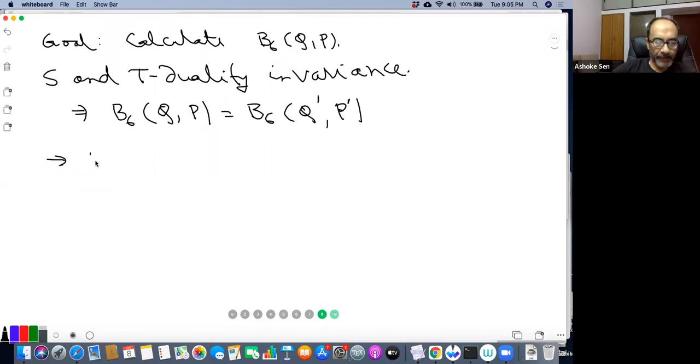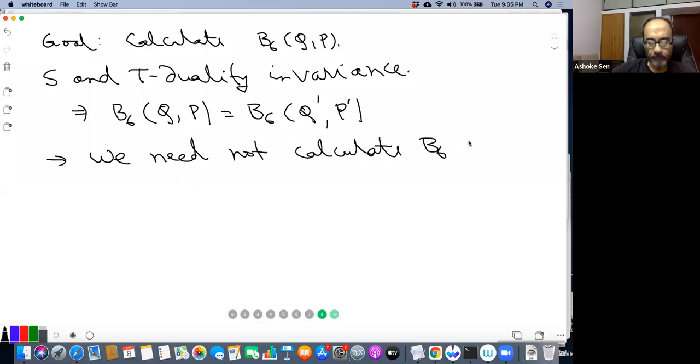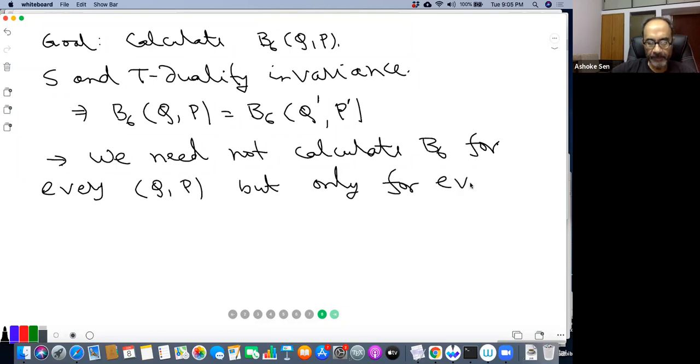So this means that we need not calculate B6 for every (Q,P), but only for every duality orbit.